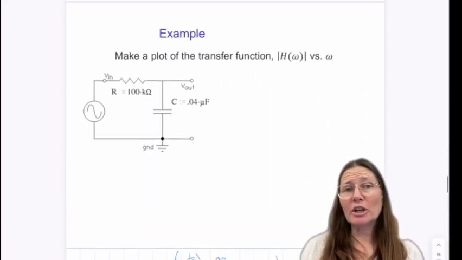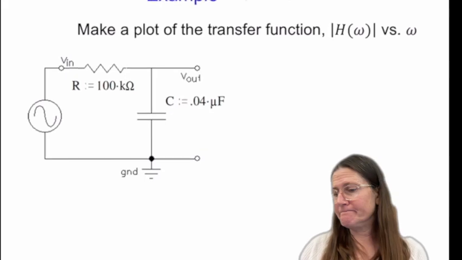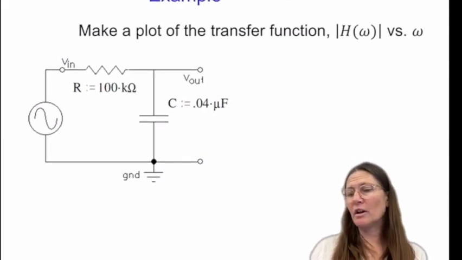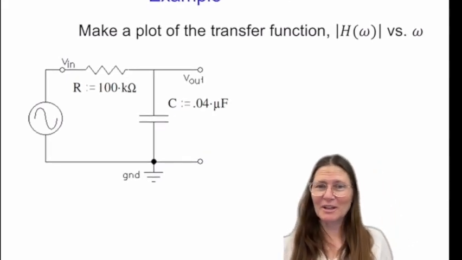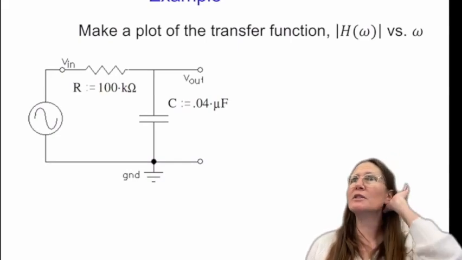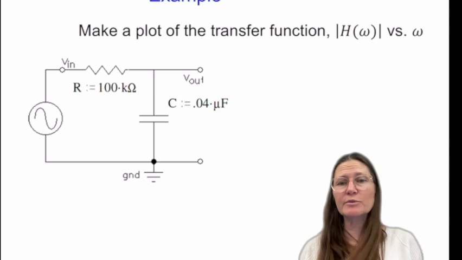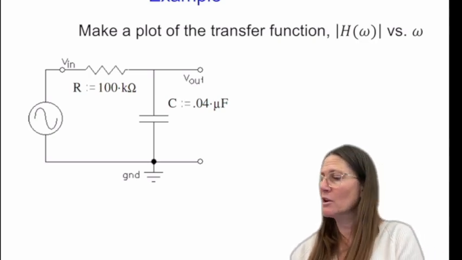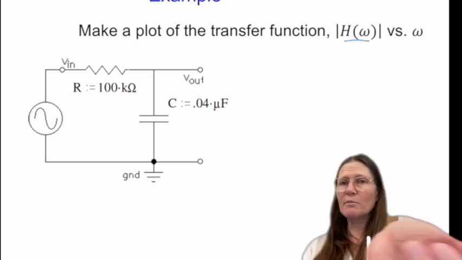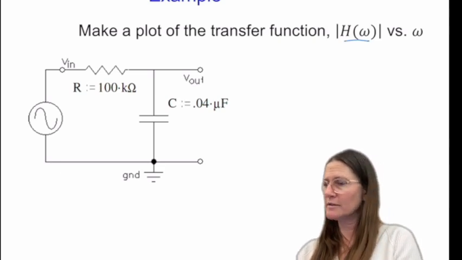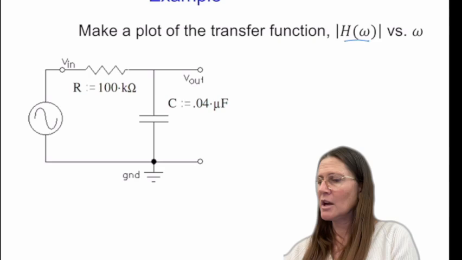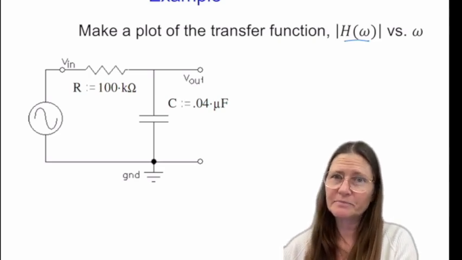Okay, so now we're going to look at an actual circuit. This is a simpler circuit, but the same steps could be applied to that one. To solve this, we want to get the transfer function, which is H of omega or H of S, and then we want to graph this.